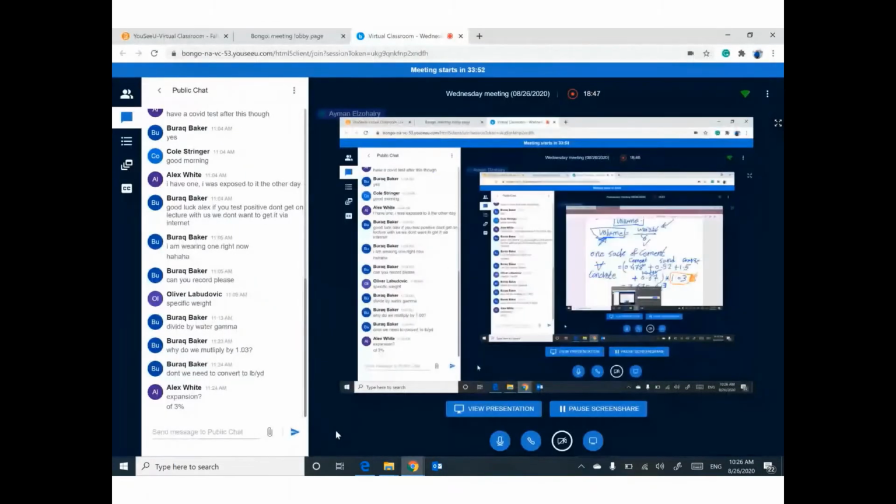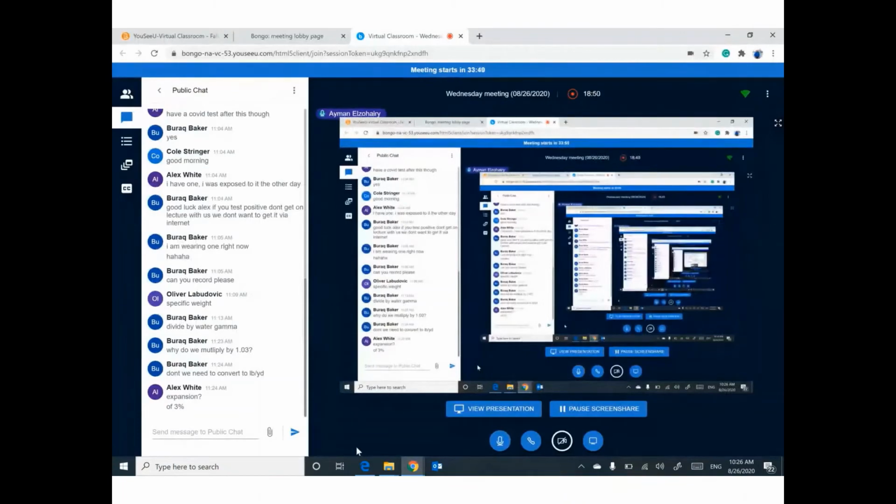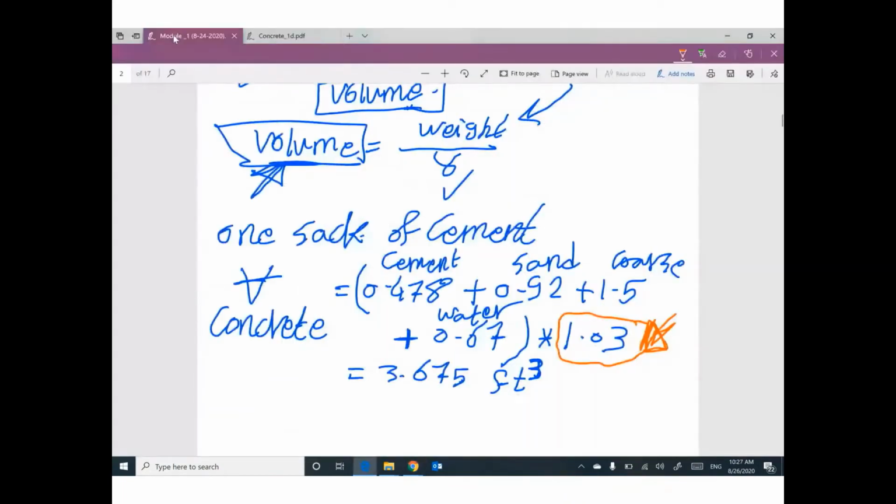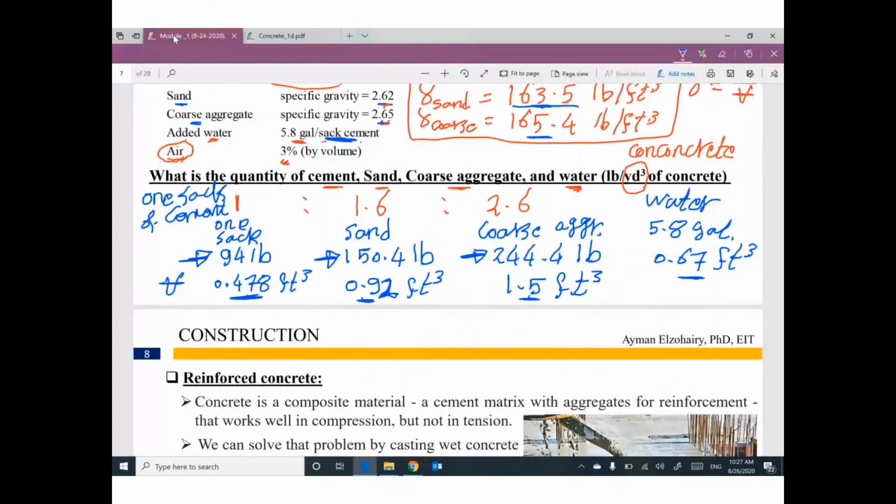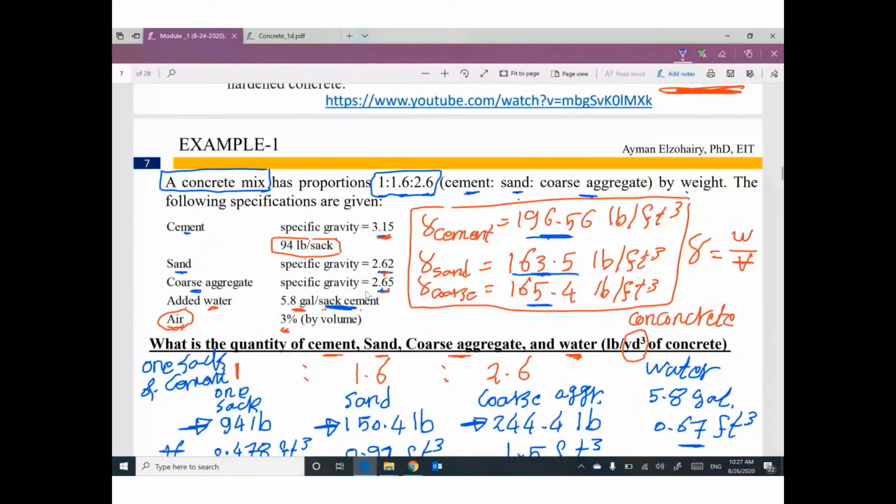It's not expansion, but if you go back to your original information, the problem said we have air. If you are mixing these components together, we expect air inside this mixture. So the air will add additional volume. How much? 3% by volume.